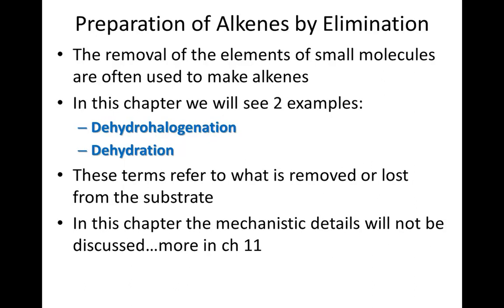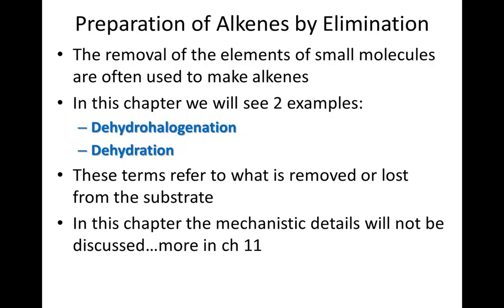And we've talked in the earlier chapter about a type of reaction called elimination reactions. And that means to take out the elements of some small molecules normally. And we can do that to make an alkene. And we're going to see two examples in this chapter. One is called dehydrohalogenation, and the other is called dehydration.